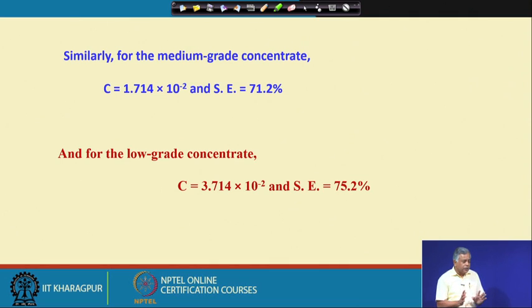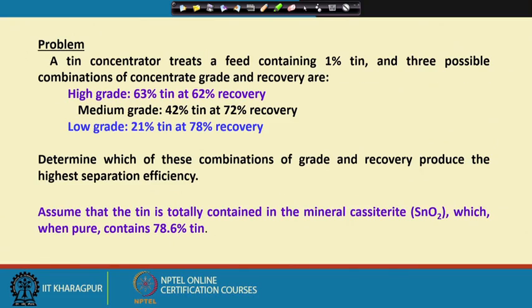That means the lowest grade ore, from a metallurgical efficiency point of view, based on the formula proposed by Professor Sul, appears to be more efficient.